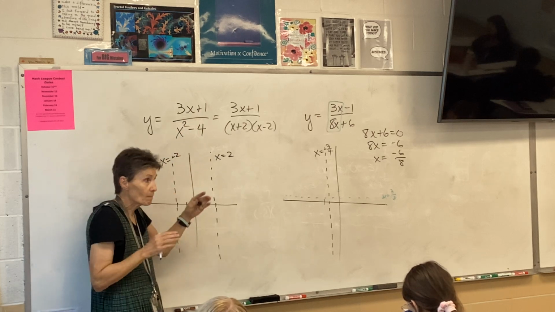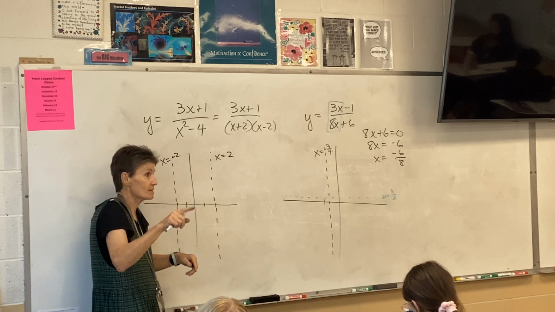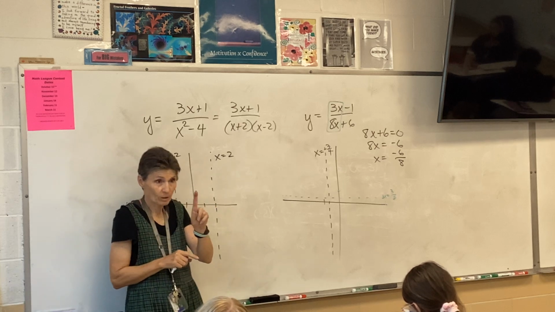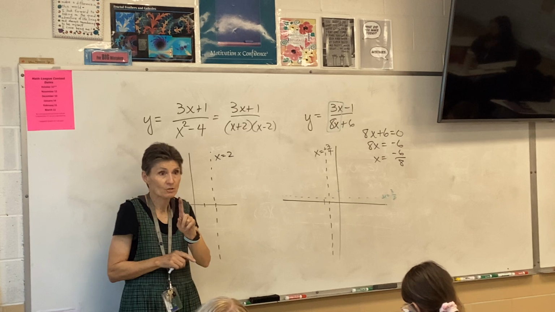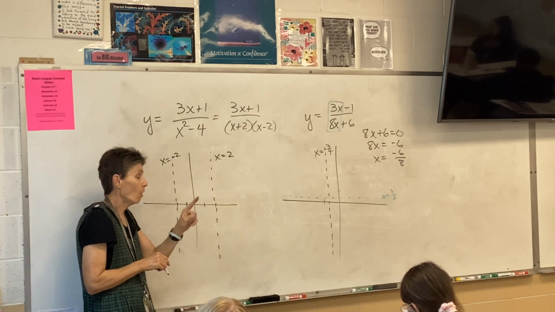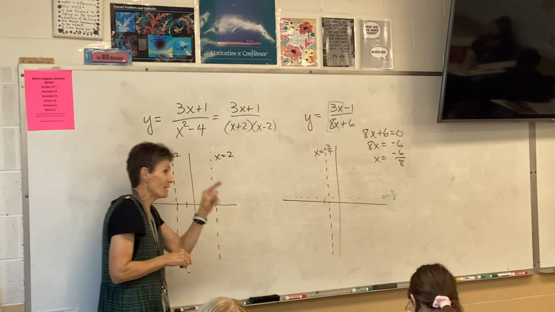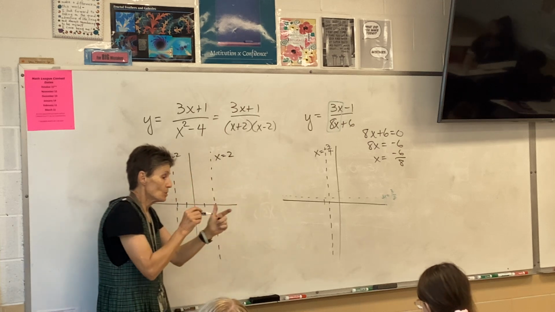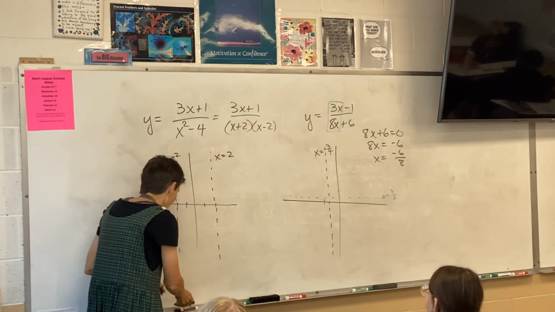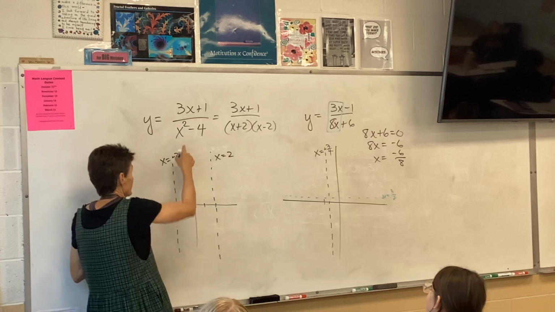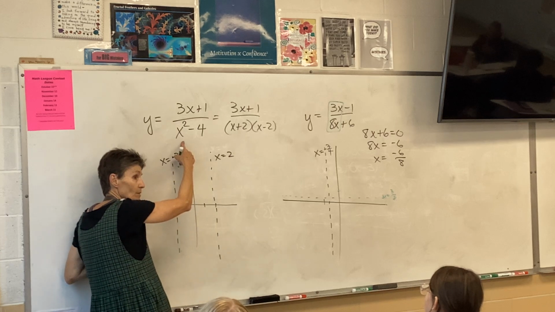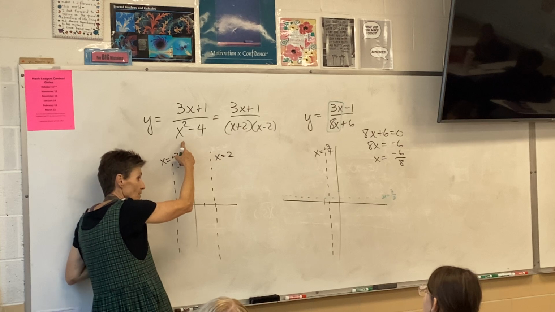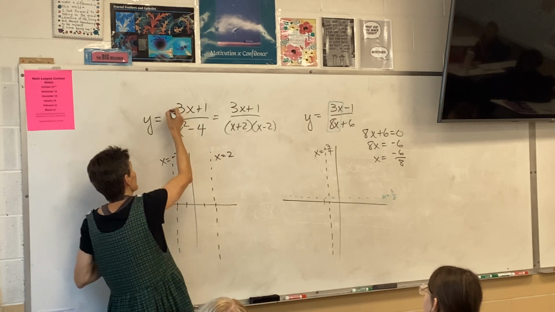Okay, we can't box those. Remember how you're drawing boxes? They have to match. If you're going to box them, they have to match. And you always have to box the biggest power. So I need to somehow box x squared. That's the biggest power. But I know what you're thinking. Mrs. Ford, there's none on the top. You're exactly right.